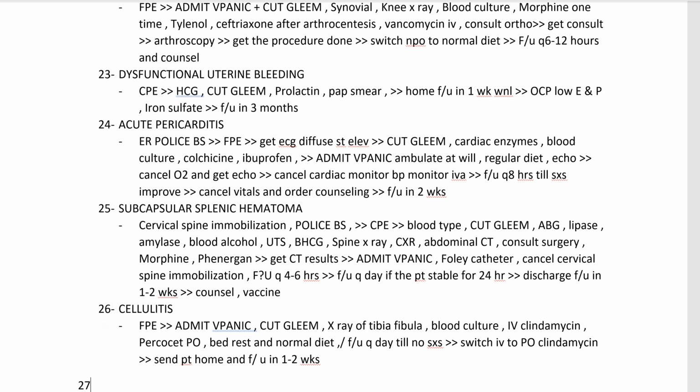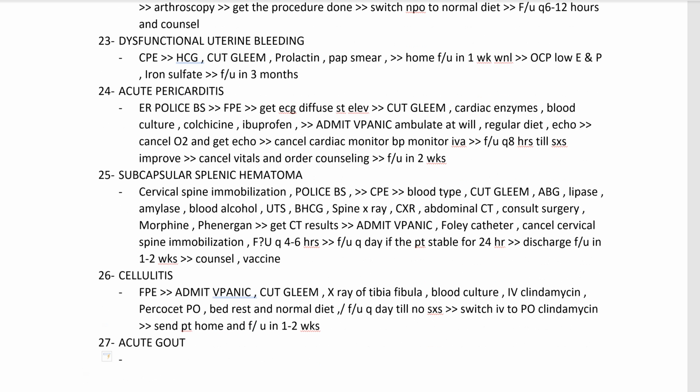Okay. Now we're gonna talk about acute gout. The first thing you want to do is focus physical exam. After that, you want to order the CUT GLEAM mnemonic. And then you want to do ESR, BMP, PT, PTT. You want to do foot X-ray.